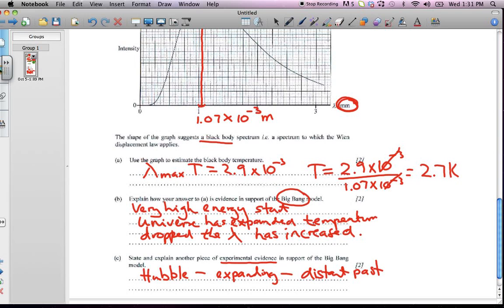It would go down to a single point. And we also have the Doppler effect, which is basically what Hubble saw, that galaxies are moving away, and therefore if they're moving away, they must have been much closer to each other in the past.